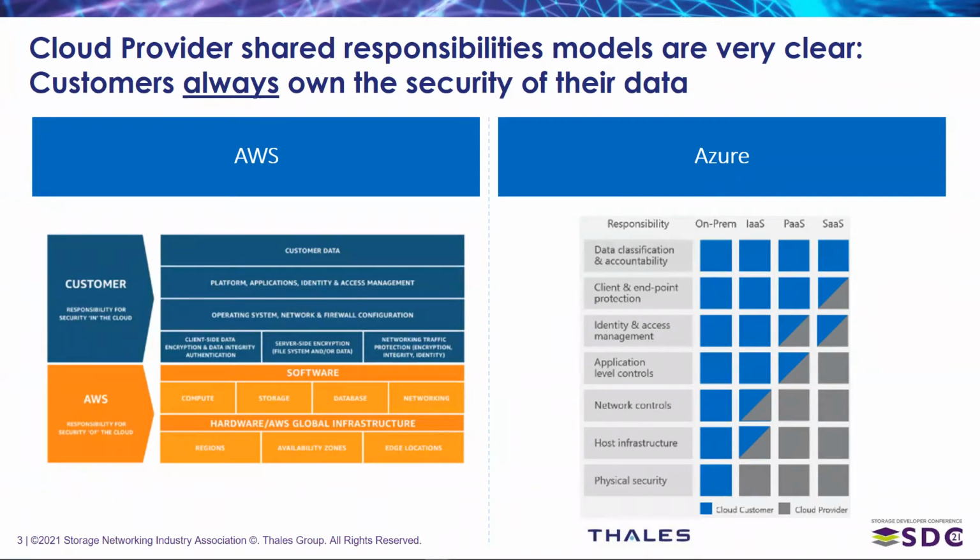AWS is by no means the only cloud provider that requires this sharing of duty model. As you can see on the slide here, Azure also splits the responsibility with the customer. It seems that regardless of the type of deployment, the customer, as usual, owns the responsibility for the security of its data.